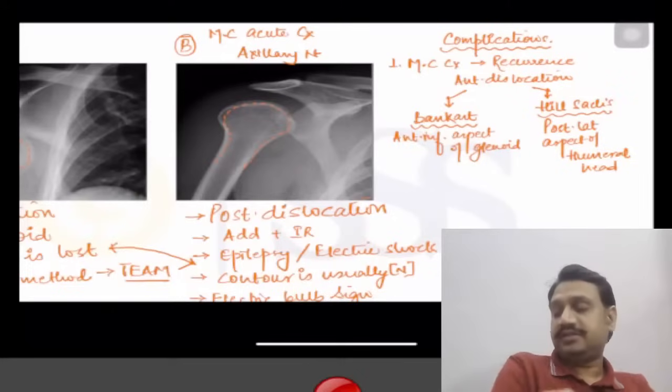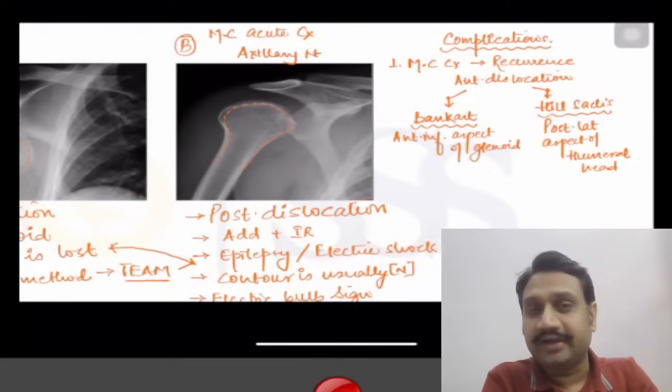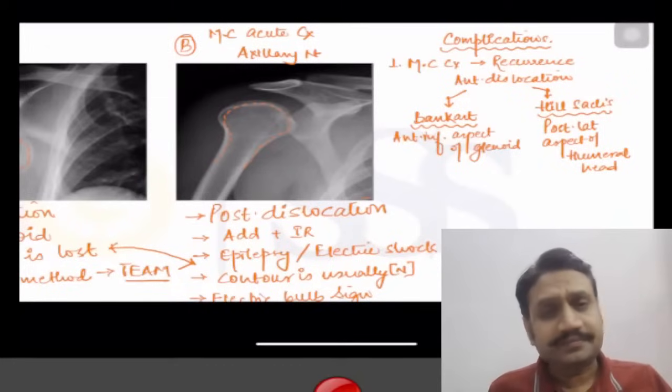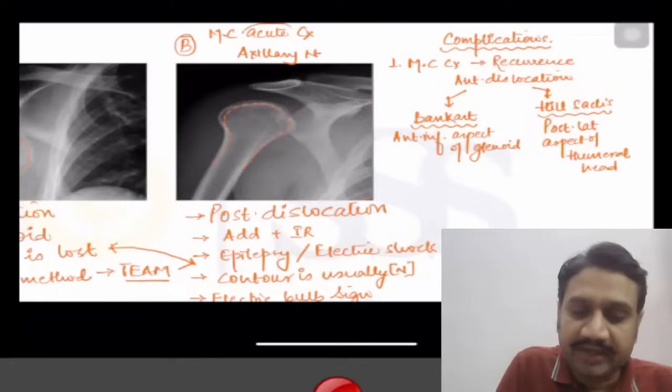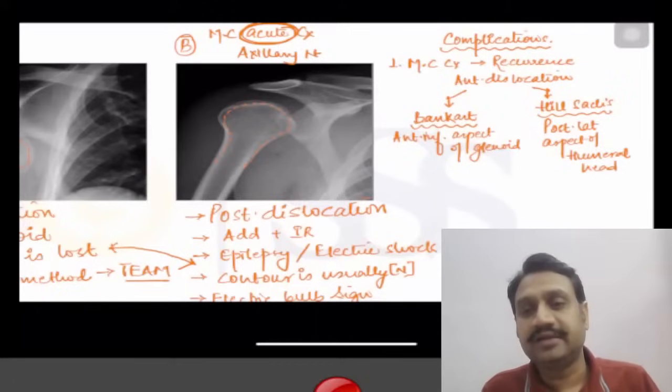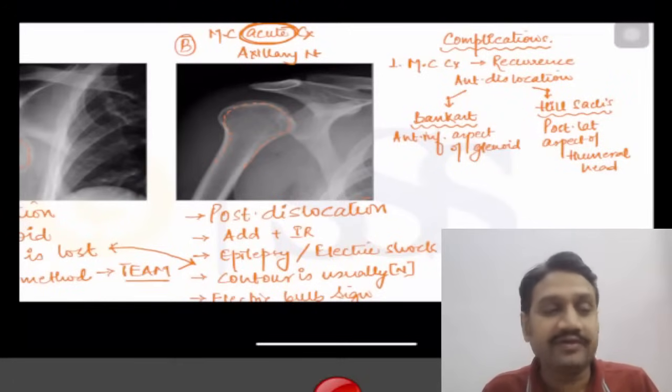Along with loss of sensation on the upper lateral aspect of the shoulder area. That is the regimental badge sign. Okay, so most commonest complication and the most commonest acute complication. Just the addition of the word acute is going to change your answer in the exam. So read the questions very carefully, right?